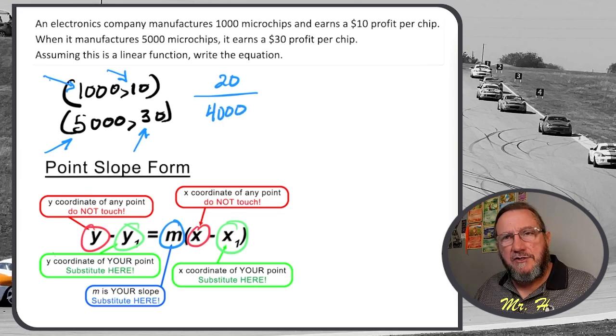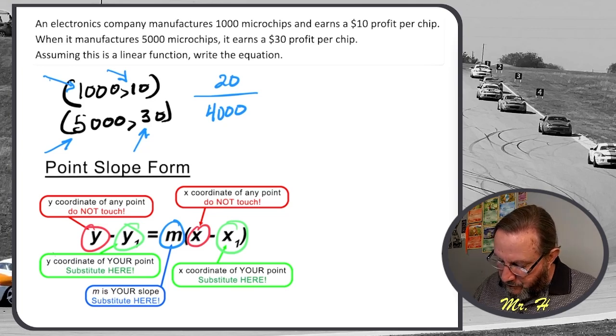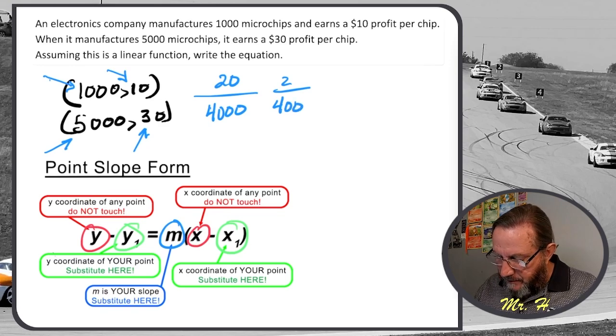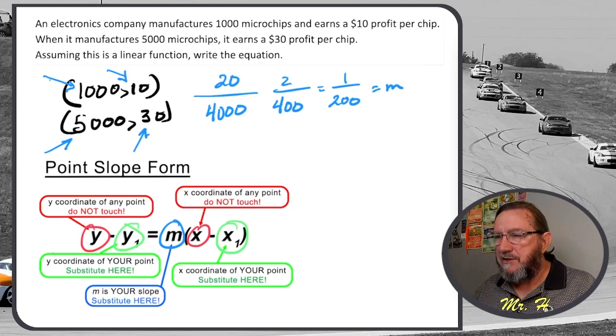Now this is a slope that can be reduced. I can divide by 10, which will be 2 over 400. And then both the numerator and the denominator, divide by 2. So 1 over 200, that is going to be my slope.